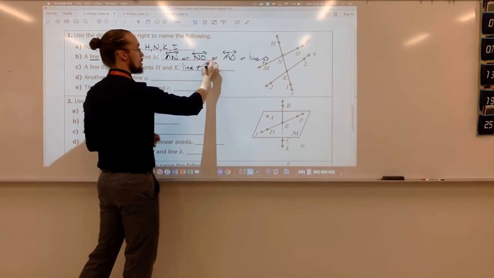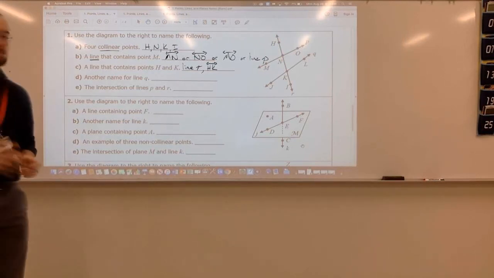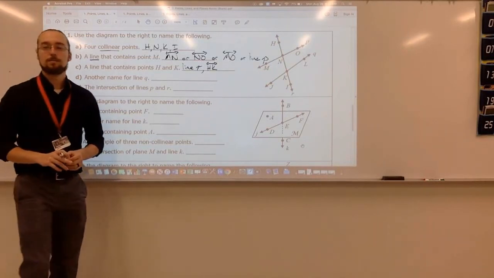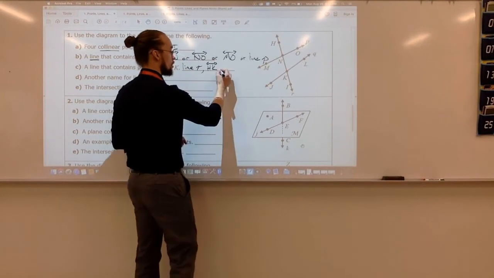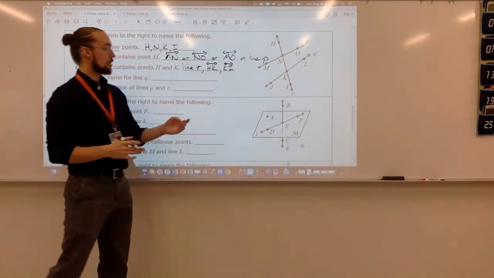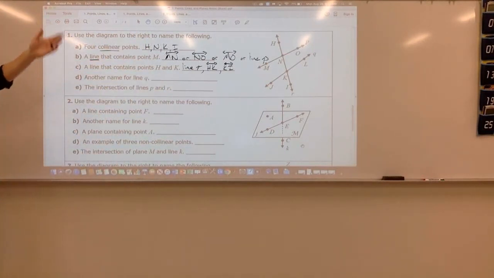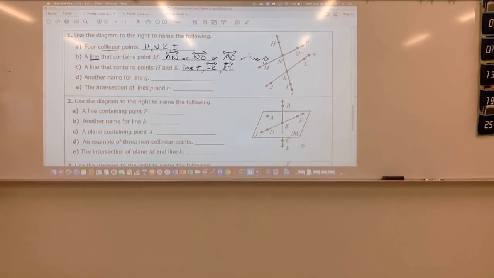Using the 2 points they actually named. How else? KI, you said? Yeah, that would work. Right? I mean, HN, NK, right? There's a whole bunch of possibilities. I'm not going to write them all out. But there are a lot of answers. How about another name for line Q?